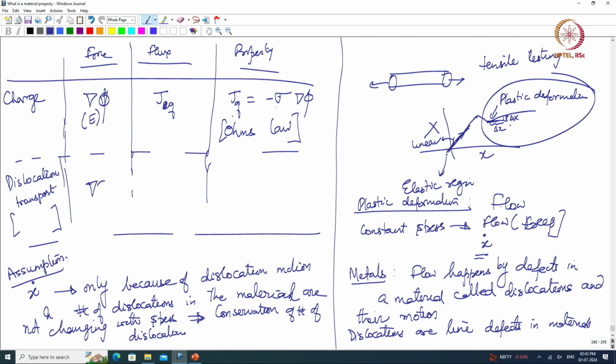So, I have a gradient of strain potential, which is nothing but force. That is only the case when this is valid, right. So, validity.